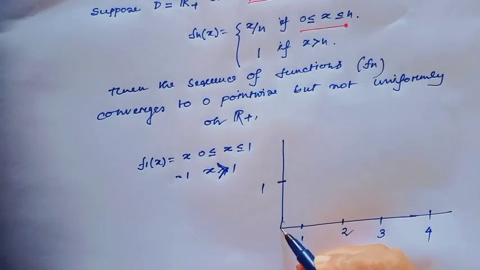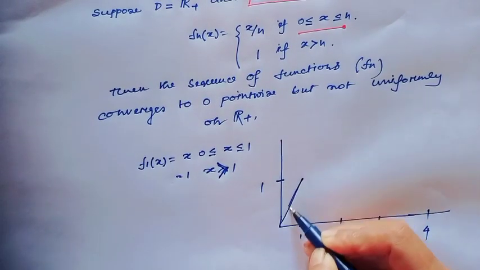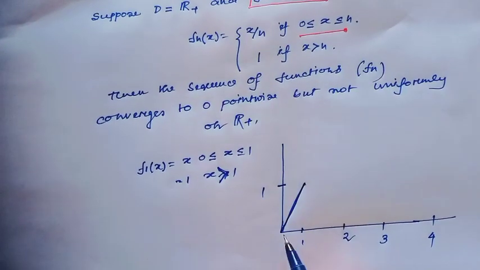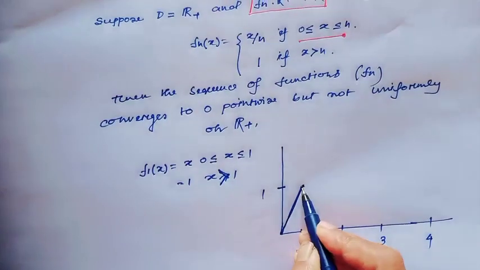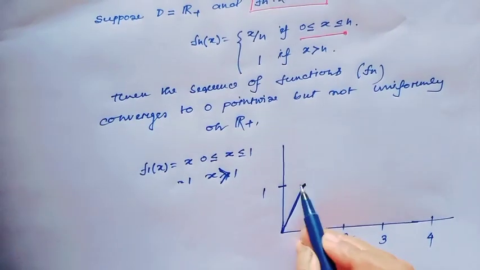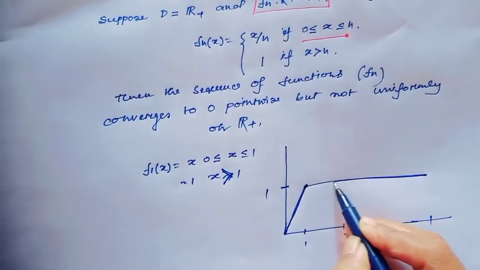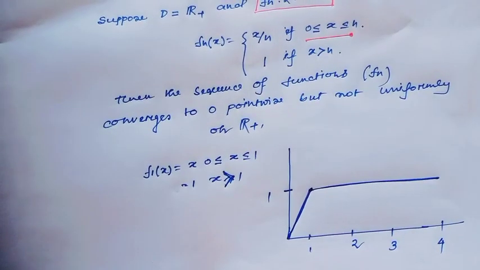Then the picture would be of this type: y equals x between 0 and 1, and when x is greater than 1, the graph is constant.